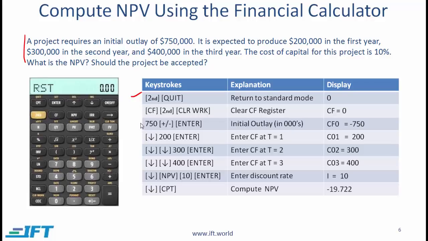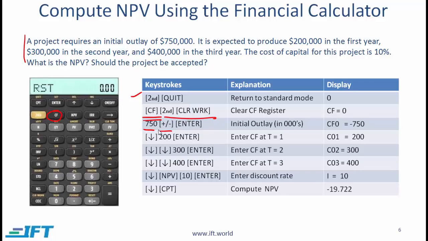This you have seen before. It is simply setting the calculator to standard mode. When you hit the cash flow button over here, that means that the calculator is now expecting input for the various cash flow registers. Here we are simply clearing the cash flow registers, and then 750 plus/minus.